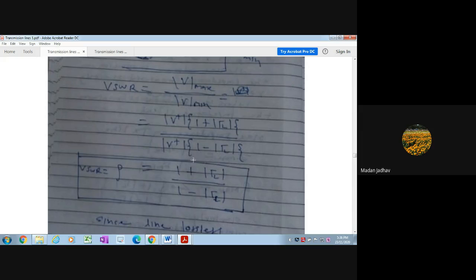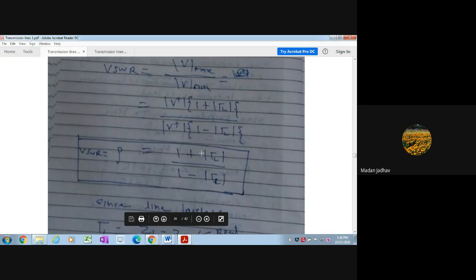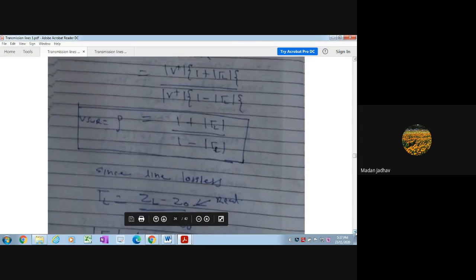We have obtained Vmax and Vminimum by substituting the phase angle values, and you will get the voltage standing wave ratio in terms of the reflection coefficient. It is equal to 1 plus reflection coefficient divided by 1 minus reflection coefficient.